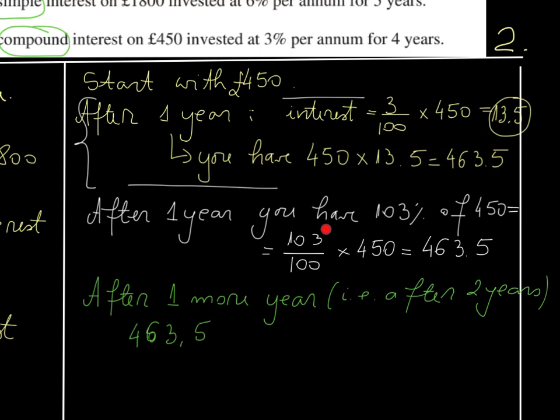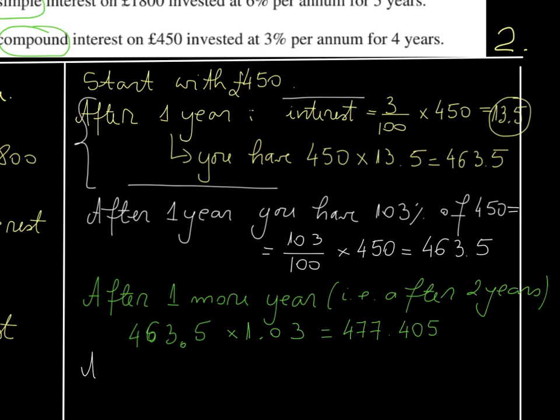So you need to multiply again by 103 over 100, which is practically 1.03. That's why we call this number the multiplier. If you do this calculation with your calculator, if I'm correct, then I get 477.405.